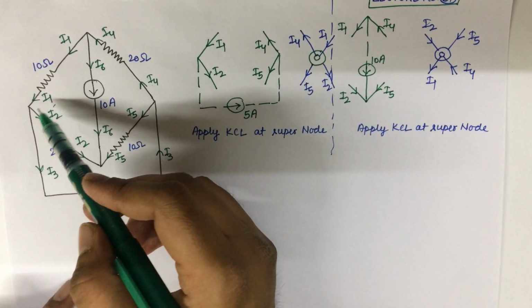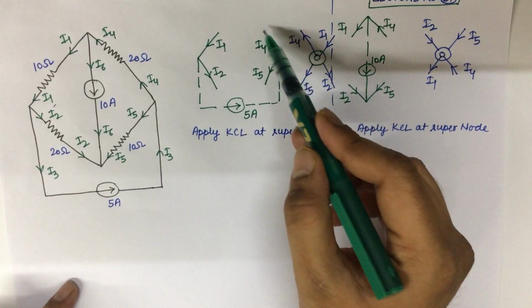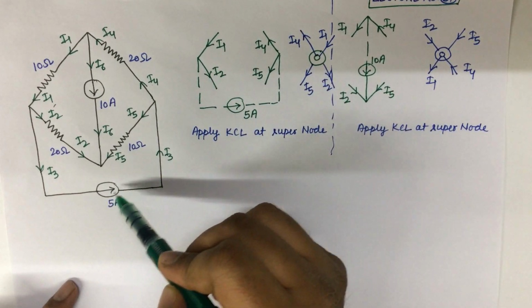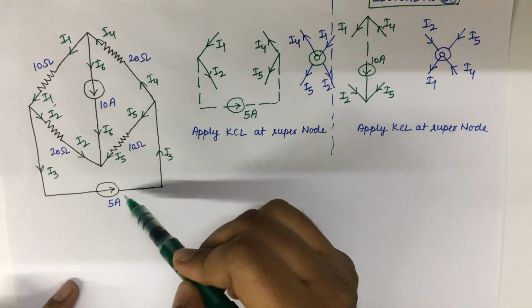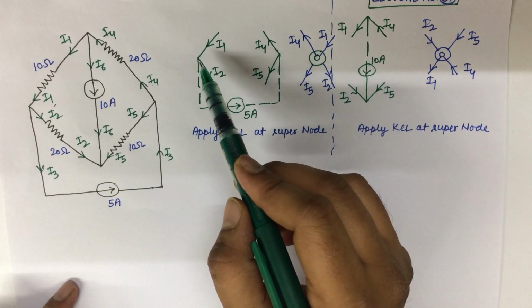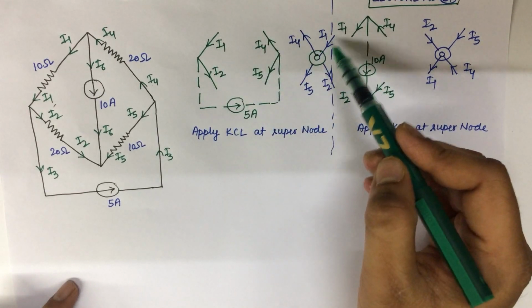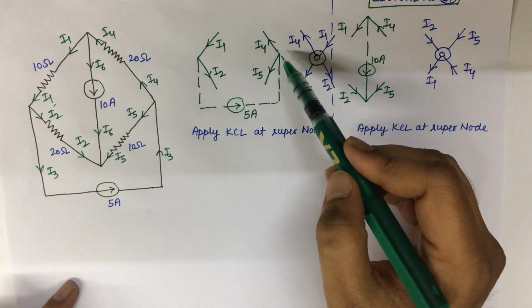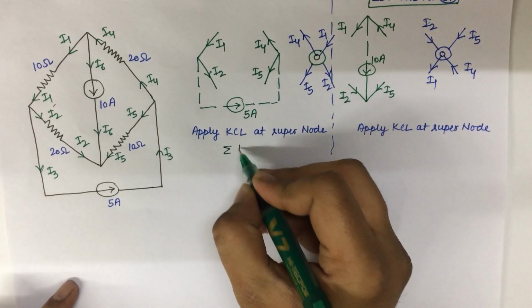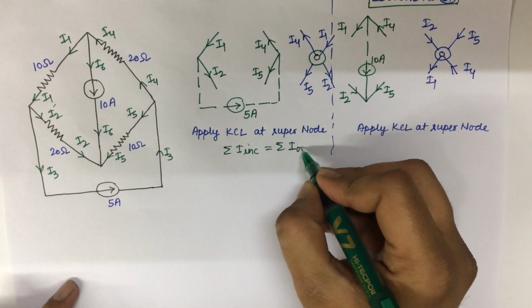Now after assuming the currents, we apply a super node at these two junctions. So I write these junctions here. This is I1, I2, and this is I4 and I5, and I3 for this 5 ampere source we assume invisible. So by taking these two nodes as a super node, we apply KCL, meaning the summation of all incoming current is equal to the summation of all outgoing current.